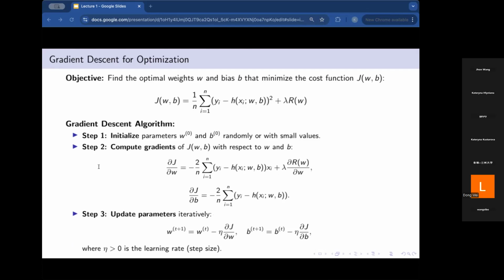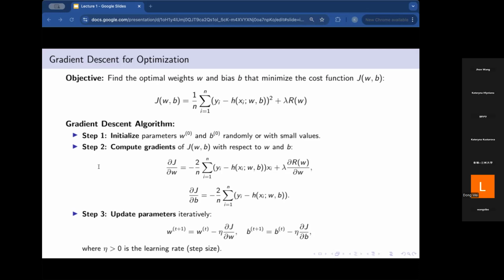To do this, we use the gradient descent algorithm with the following steps. Step 1, we begin by initializing the parameters W and B either randomly or with small values. Step 2, we compute the gradients of J with respect to W and B. Here, we simply take the derivative of the original cost function with respect to the corresponding variable.